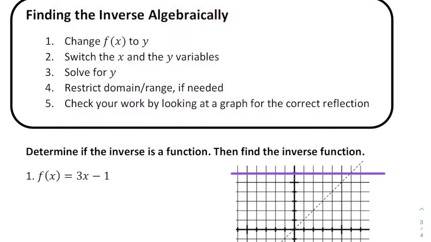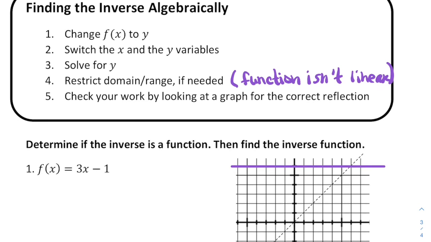There is one thing that I want to point out though on number 4. I just want to put a little note that we will need to look at restricting the domain or range anytime that the function isn't linear. So we'll talk about that as we get to it, but I just want to make that note there so that it's there for you as you go through additional problems later.